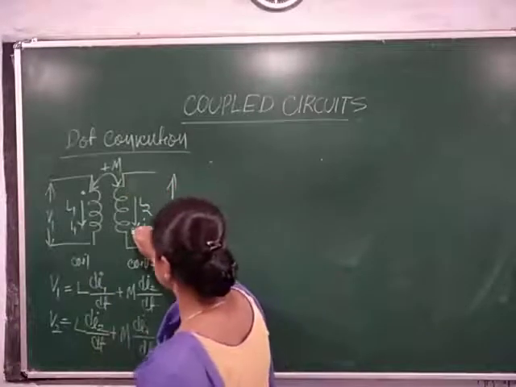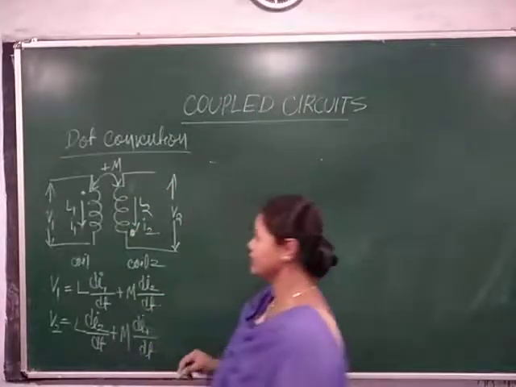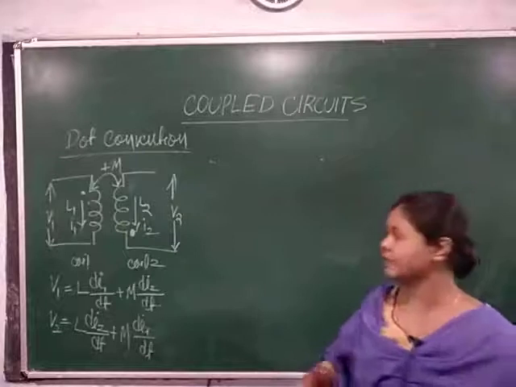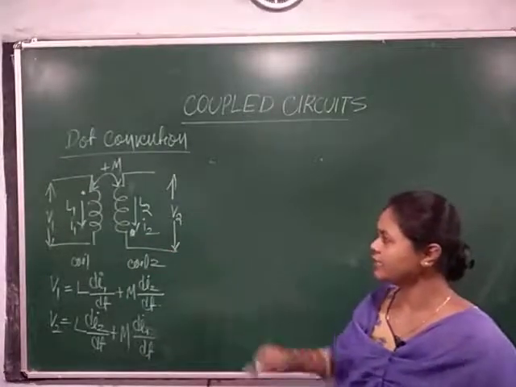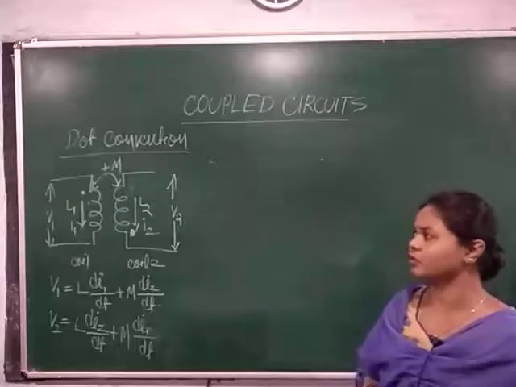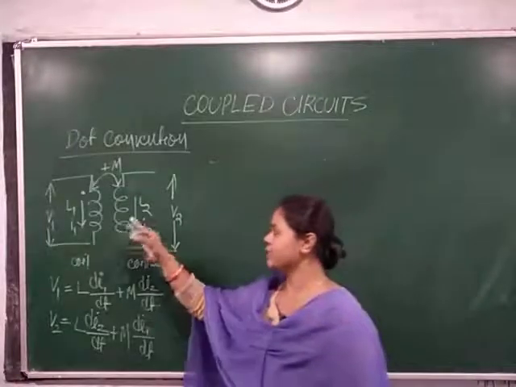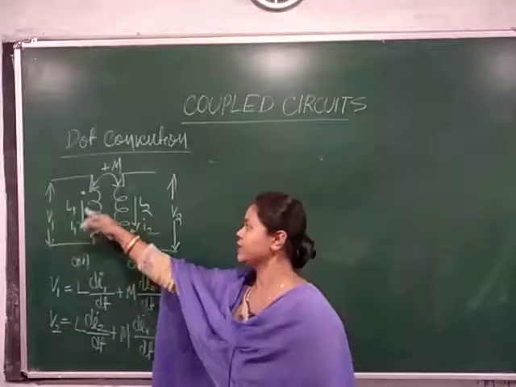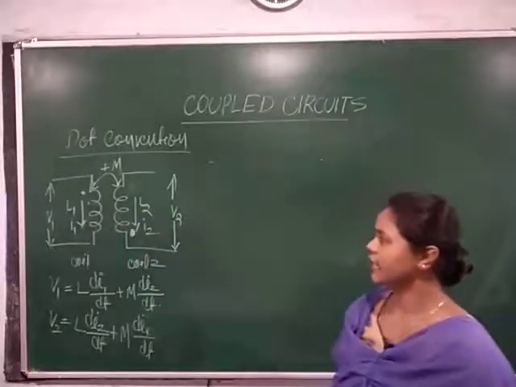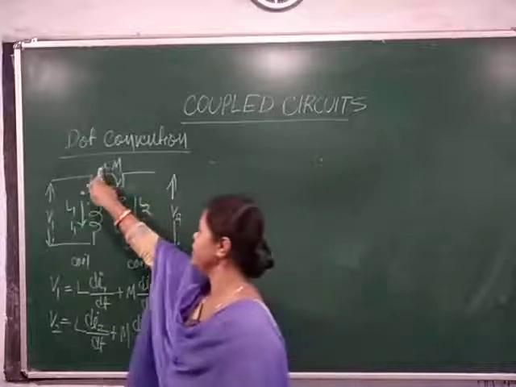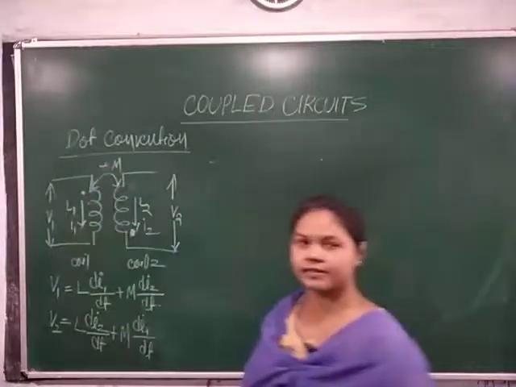In the second example, suppose I place the dot here. Then what is the equation for V1 and V2? Now in this case, I1 current leaves the dot and I2 current enters the dot. Hence the polarity of mutual inductance is minus.